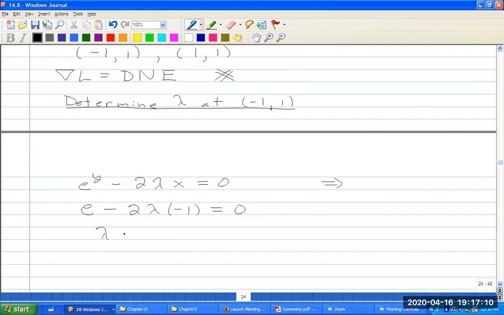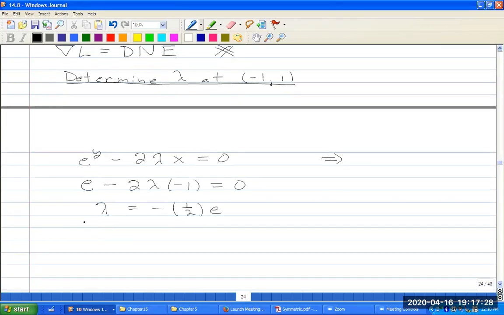So lambda equals 1/2 e. Yeah, good enough. So lambda is minus 1/2 e.